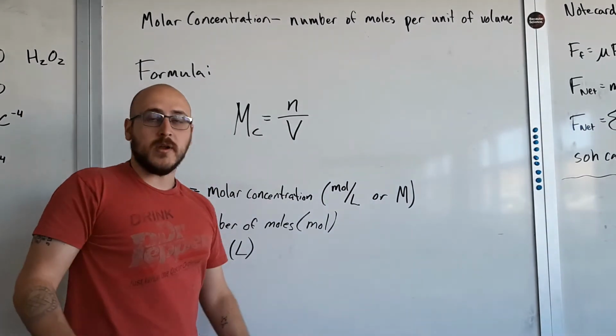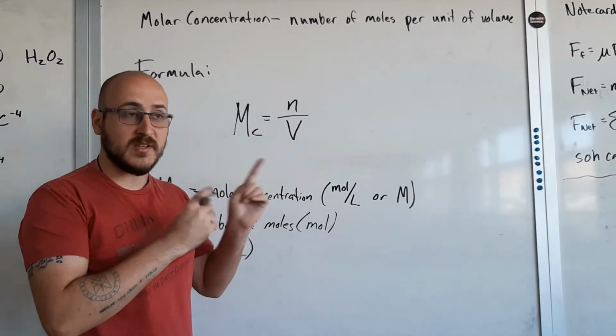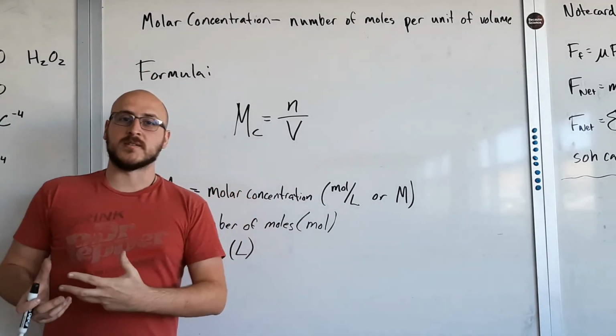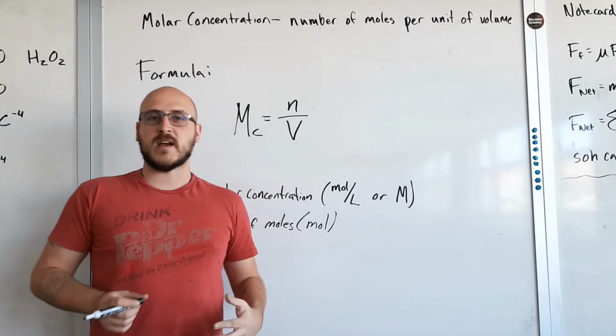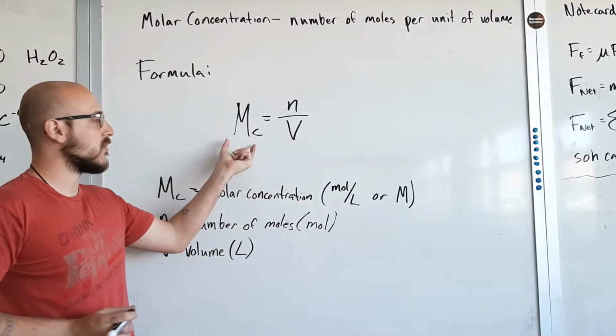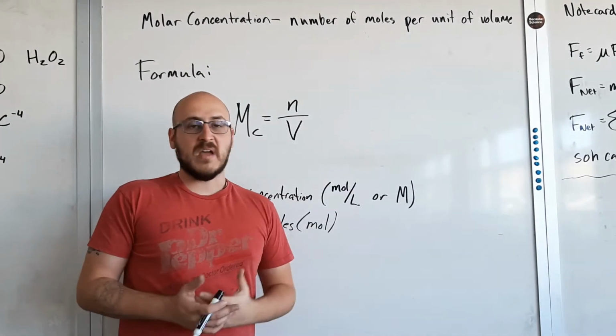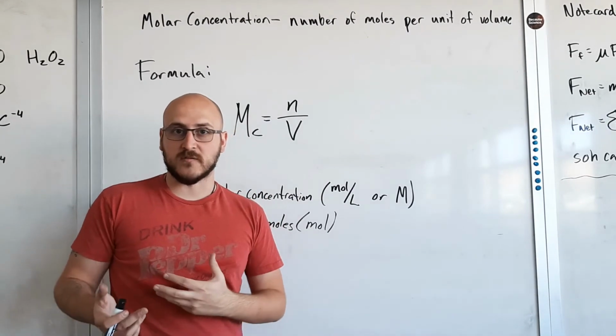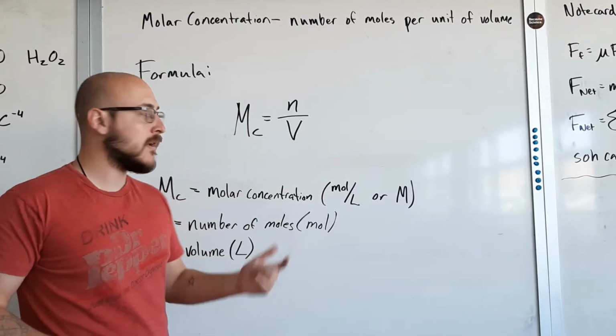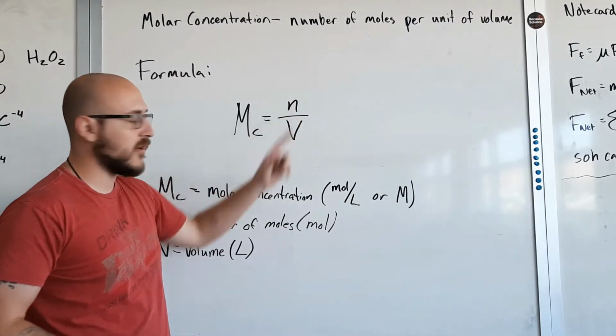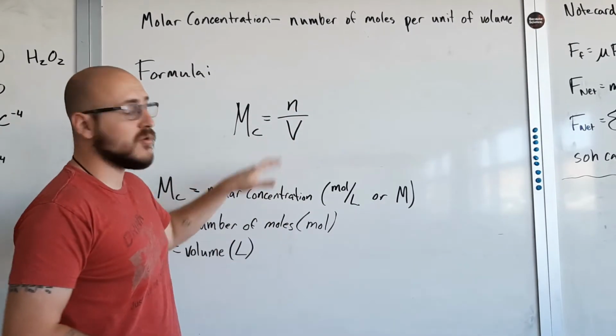Worth noting, we can move this thing around because sometimes you'll know the molar concentration. Like I've got some bottles of hydrochloric acid back there that tell me the molar concentration is 12. If I wanted to figure out how many moles are in a particular volume, like let's say that I had 1 liter of it, and I knew my molar concentration, I wanted to figure out how many moles that is, you could move this thing around.